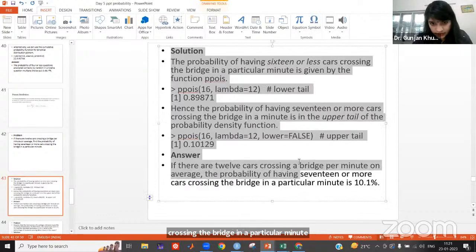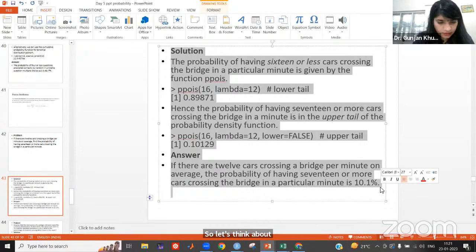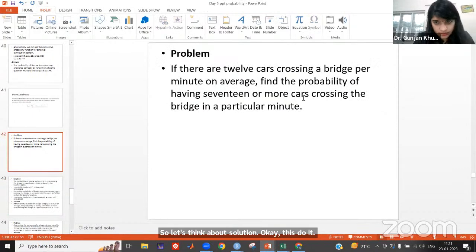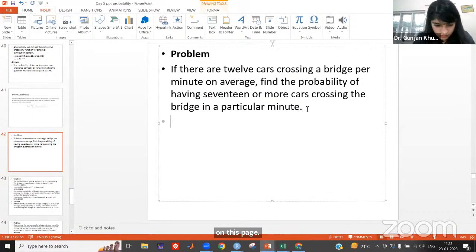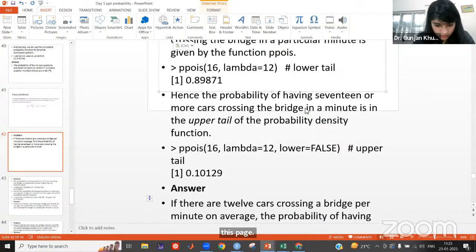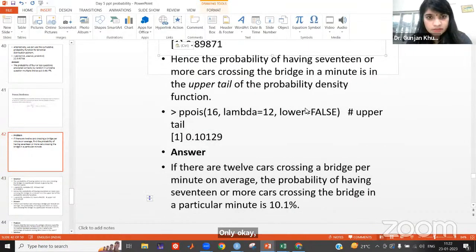So let us think about the solution. Since it's the first question, you may think about it.